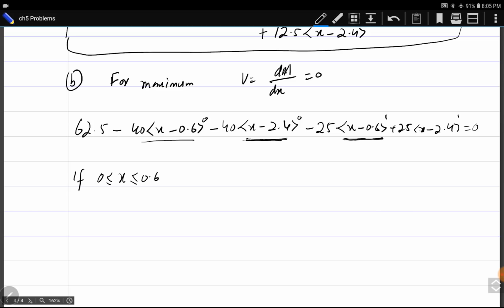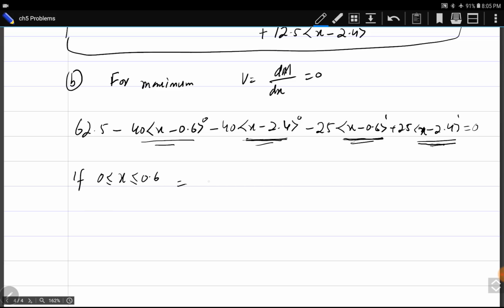And if we put x equal to 0.6 in this term, it will be negative. Any negative number in the singularity brackets means the term will be omitted. So all these four terms will be 0 if x is between 0 and 0.6.